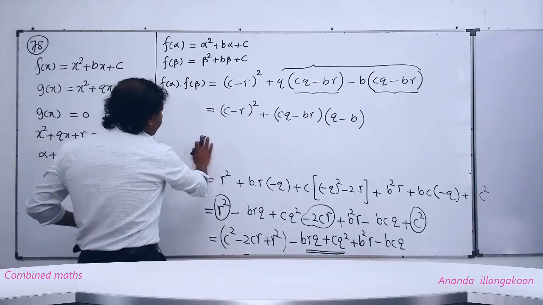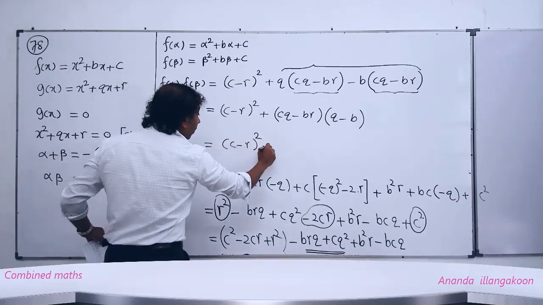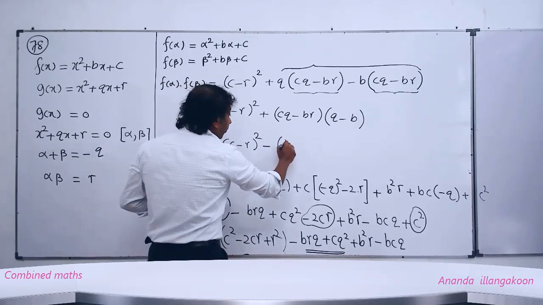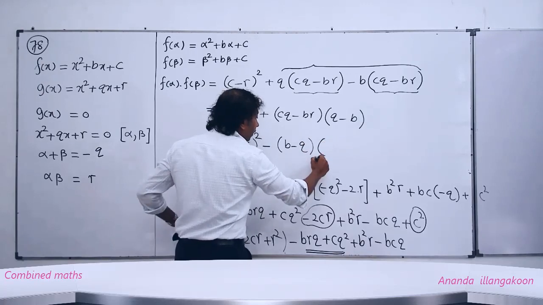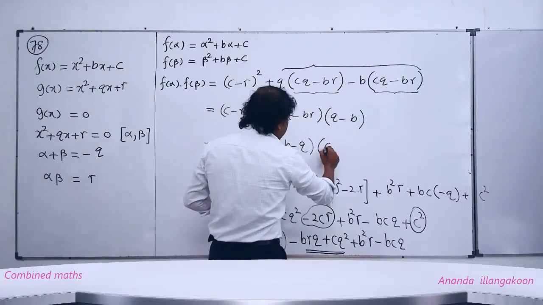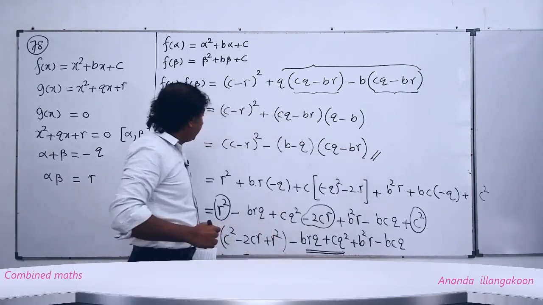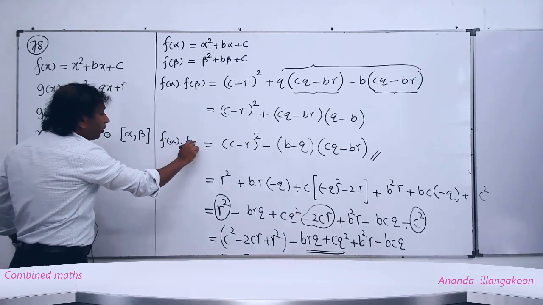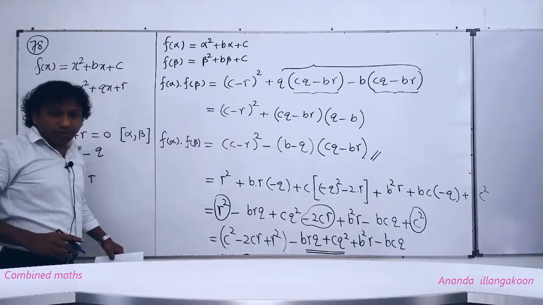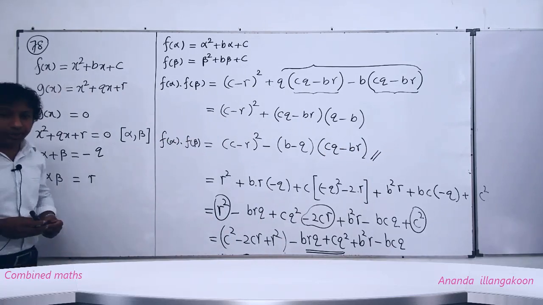Then we get C minus R perfect squared minus B minus Q times CQ minus BR. So this is how we get that answer for the F alpha F beta product.